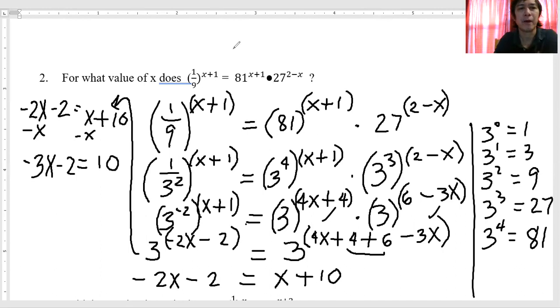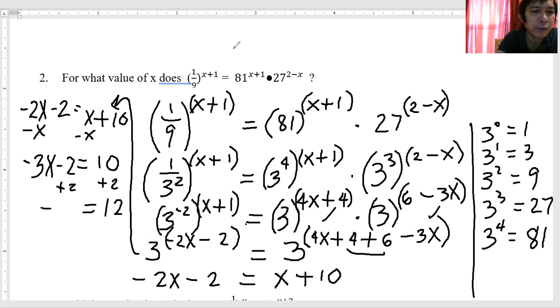We are now going to continue by way of addition of 2 to both sides to isolate the x term. So we add 2, and the right side is 12.